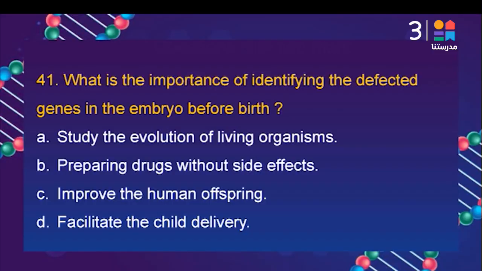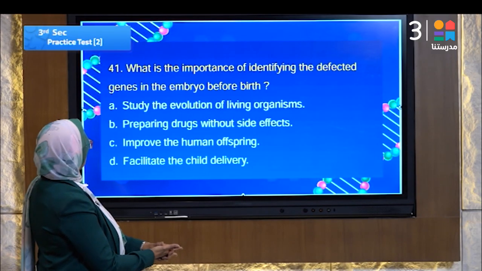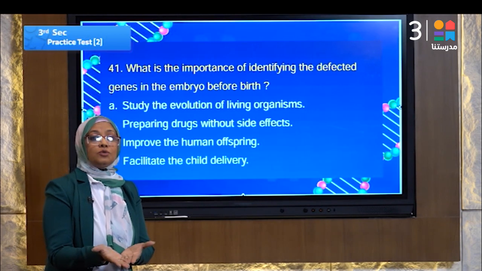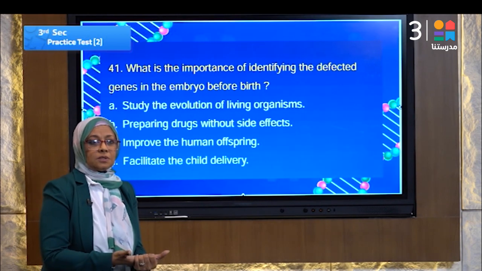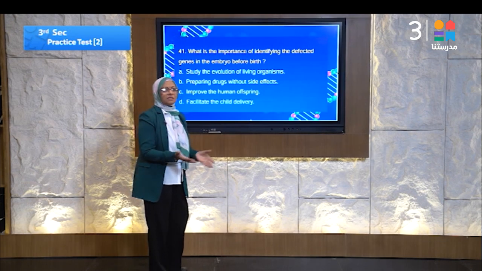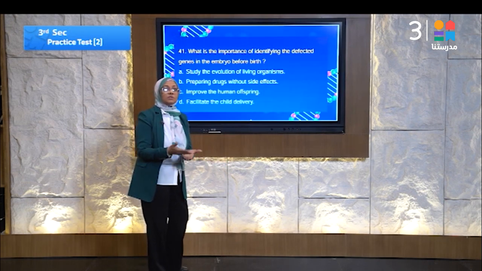41. What is the importance of identifying the defective gene in the embryo before birth? Why do we identify some genes before birth? Some countries do it to get rid of these babies, but not here.